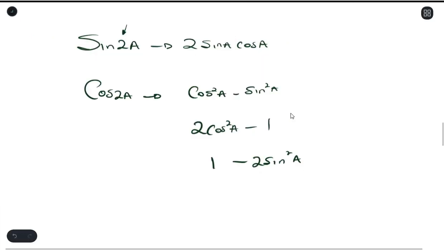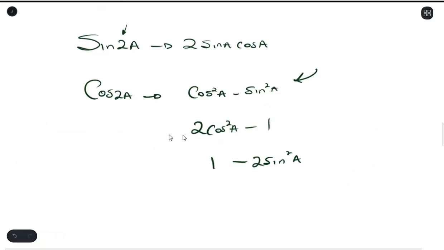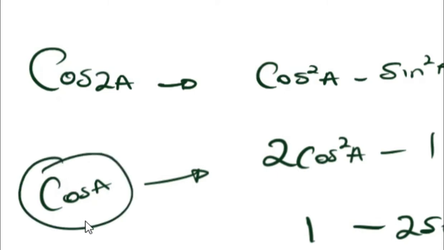Now, you might be wondering, which one do I choose for a particular problem? I normally say, when in doubt, try as much as possible to choose this one. If you don't really know what to do, use this one. If the majority of the question has cos in there, you are best served by using this.